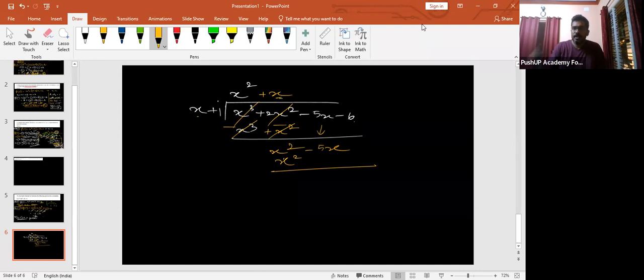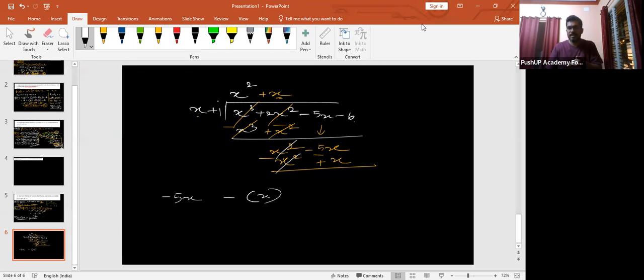Whatever is the quotient, multiply it with the remaining part of the divisor. So x into 1 will give me positive x. Now we will subtract these two values. X square minus x square, they both will get eliminated. Now what is minus 5x minus of positive x? It is nothing but minus 5x minus x, isn't it? And that is minus 6x. Easy?